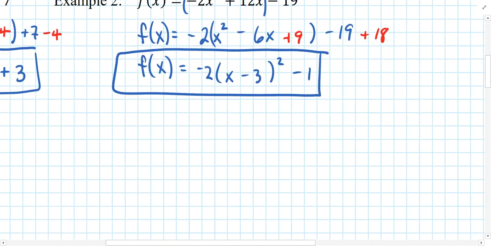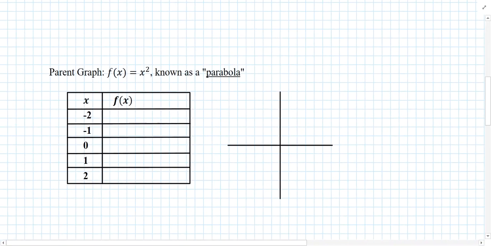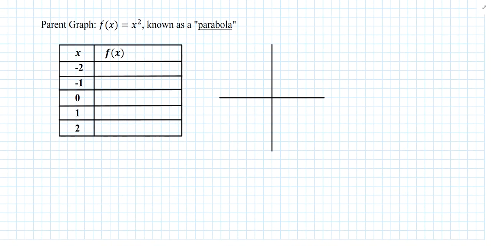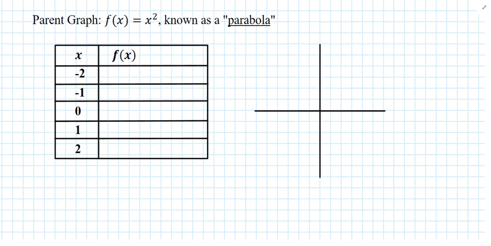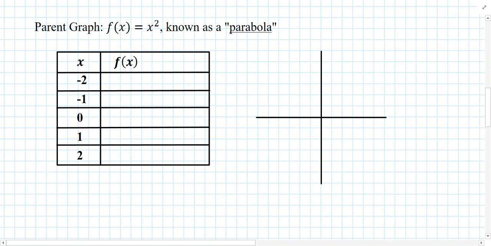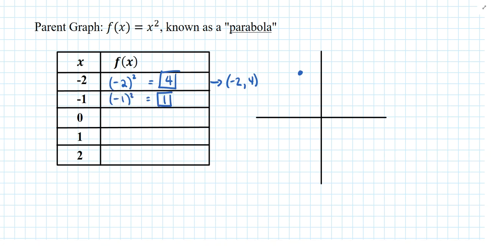When graphing a quadratic function in vertex form, we must first consider what we call the parent function, f of x equals x squared. When x is equal to -2, f of x equals 4. So we have the coordinate to plot, -2, 4. Similarly, when x equals -1, f of x equals 1, and we have the coordinate -1, 1.